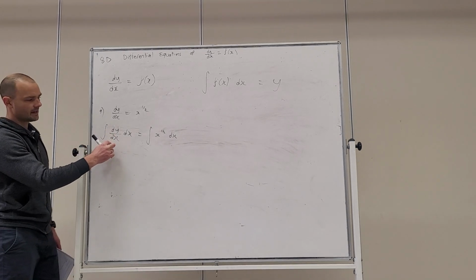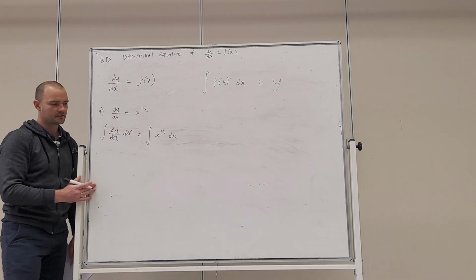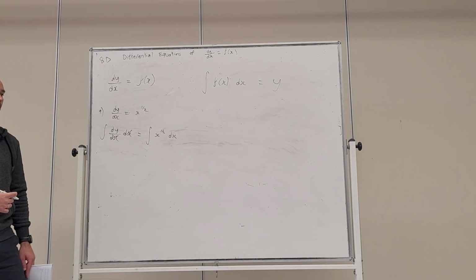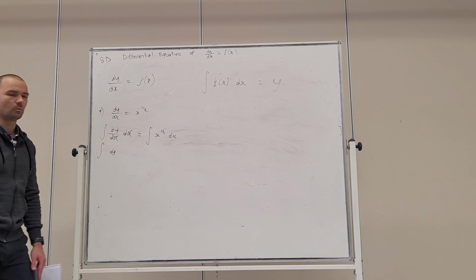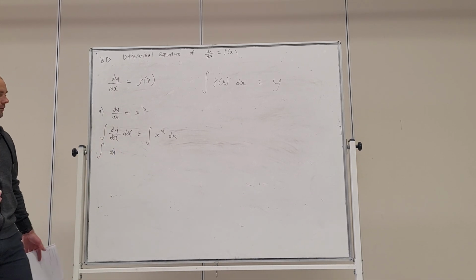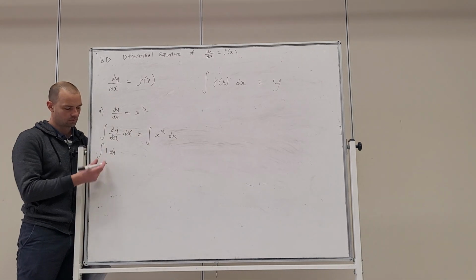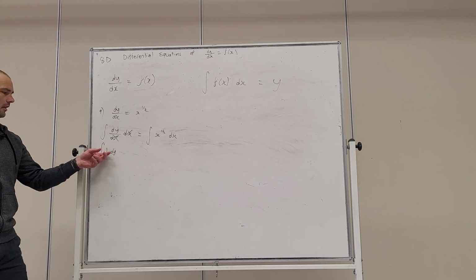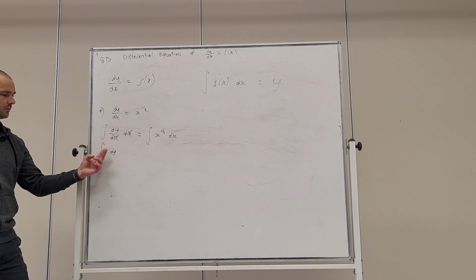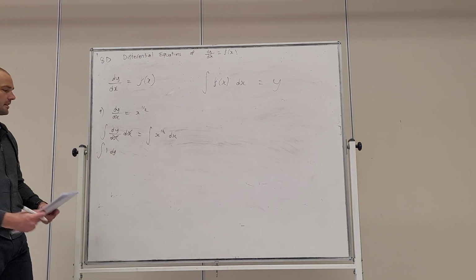Now here we have dx at the top and dx at the bottom, that will cancel. And so on the left-hand side we have just the integral of dy, but what we're integrating, we've got one lot of dy. Remember when we have an algebraic variable with no number out front, we assume it's 1, so we've got the integral of 1 with regards to y.